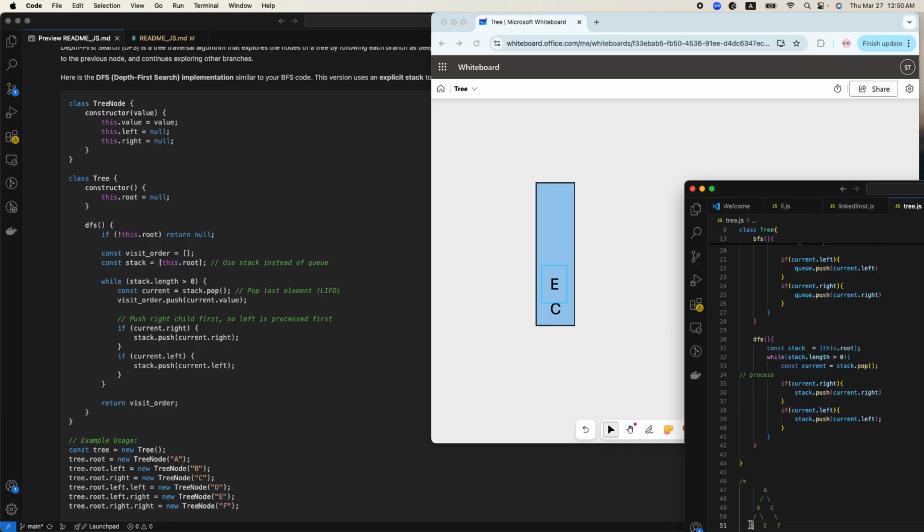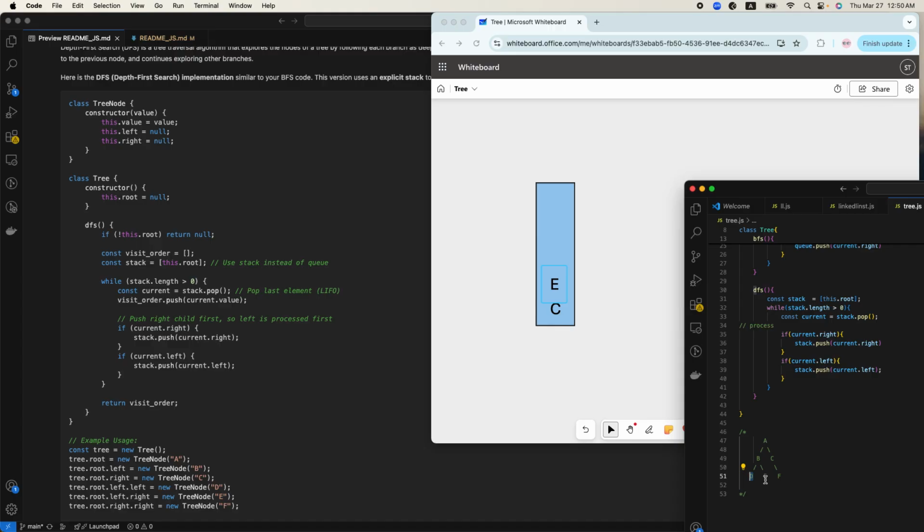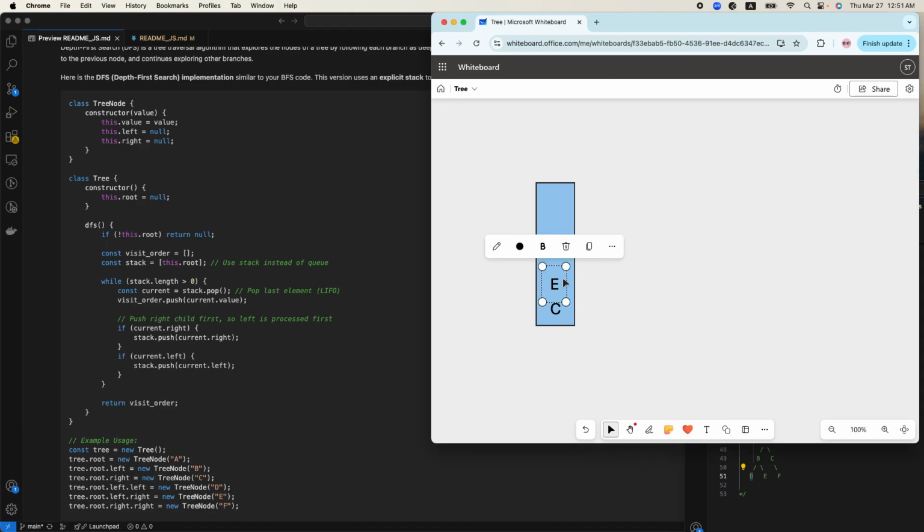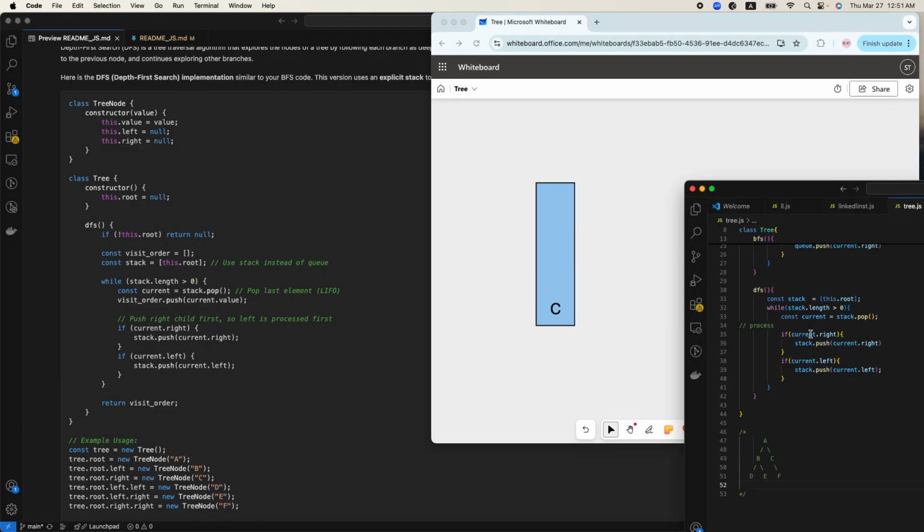The node D doesn't have a left child either. So the loop continues. This time the length is 2, so again we extract the last node, and that is E. Now we do our process and then check, does E have any right child? We see it doesn't. Does it have a left child? It doesn't either.